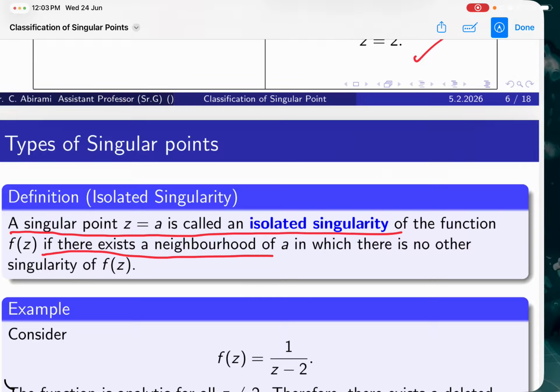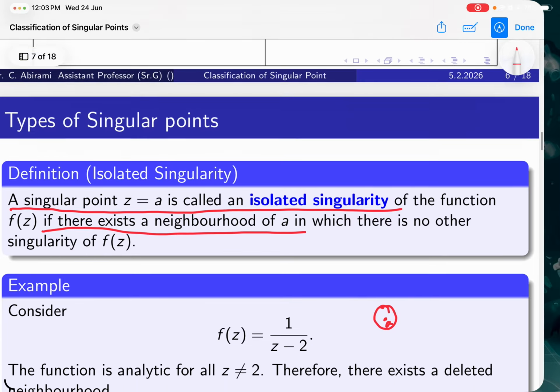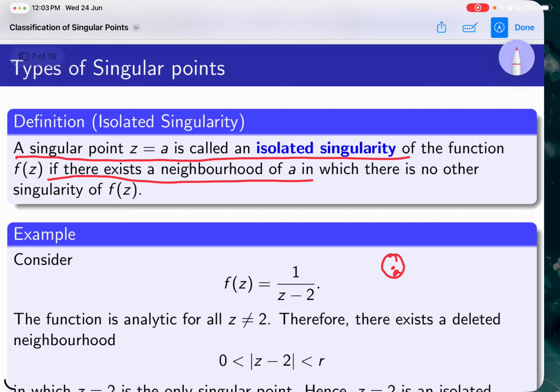Neighborhood of a means we can construct a small circle around a in which there is no singularity other than a. The neighborhood should not contain any other singular point other than a. Then we can conclude that the point a is an isolated singularity.